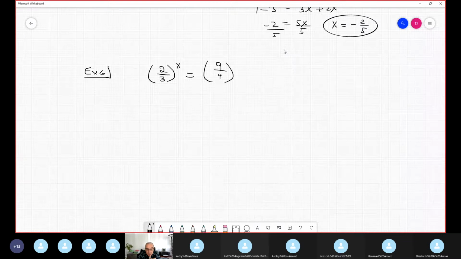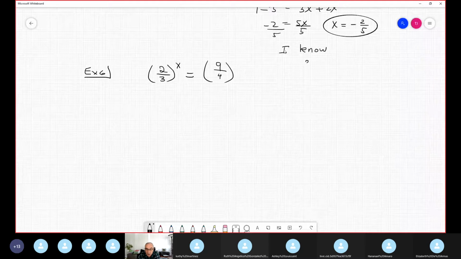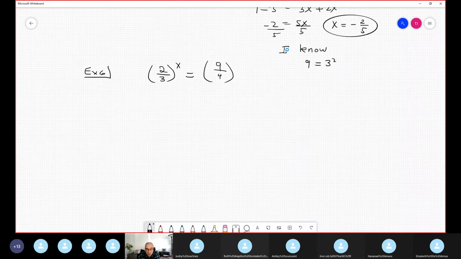Well, I can see, for example, I know that 9 is 3 to the second power, no? I try to see the relationship between this and this. I don't care if it's on the top or the bottom. And 4 is 2 to the second power.